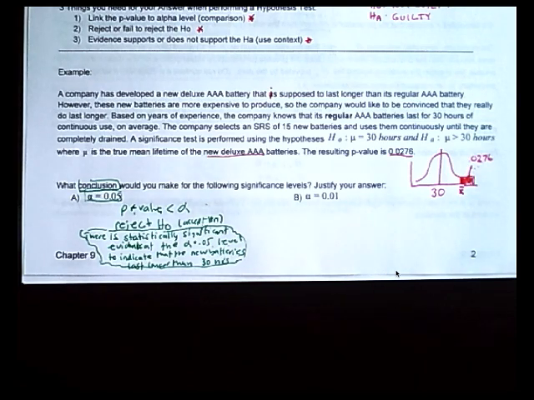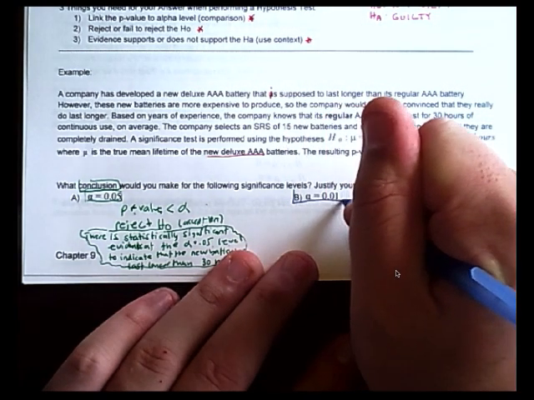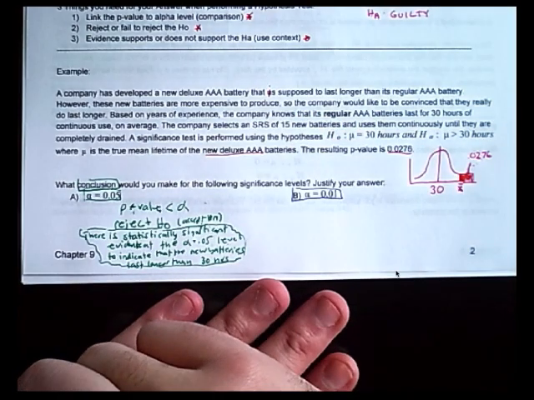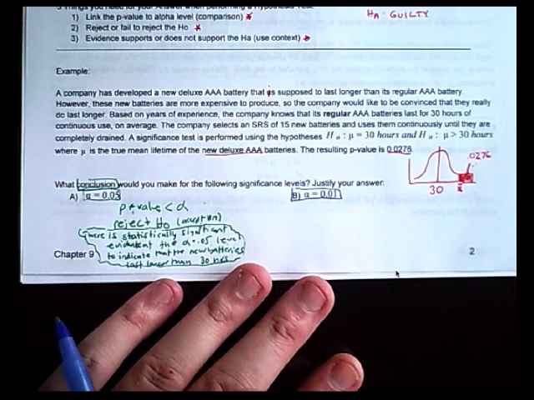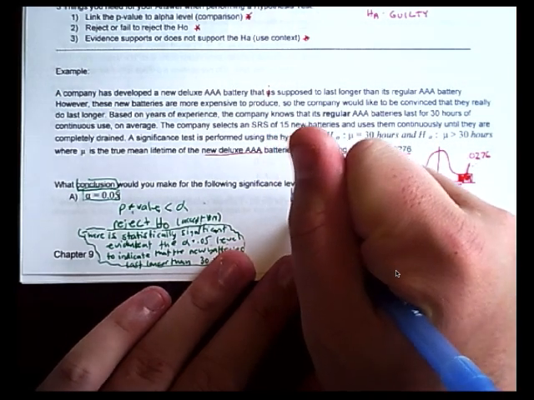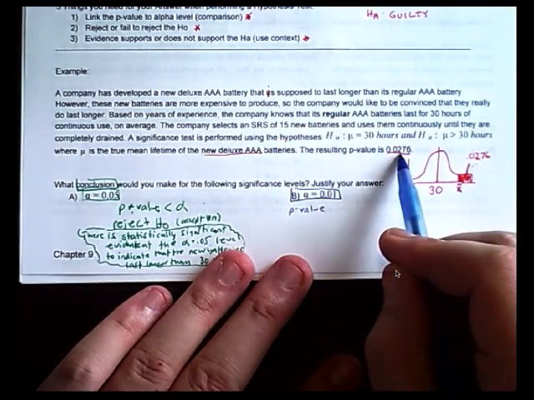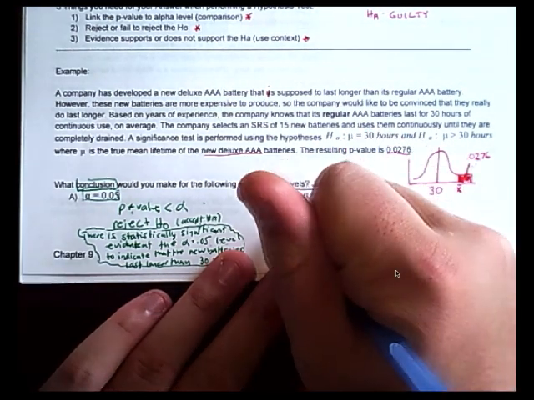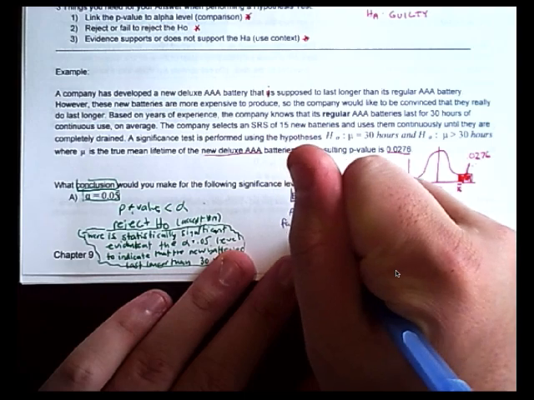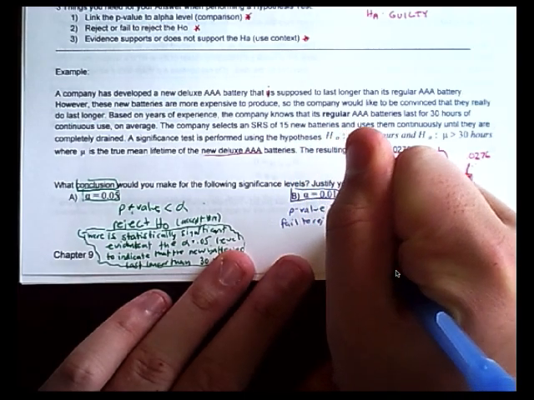Now, in part B, it's a much lower alpha level. It's going to be much harder to get rid of H0. So in this case, our p-value of 2.76% is actually greater than the alpha. So in that case, we fail to reject H0.